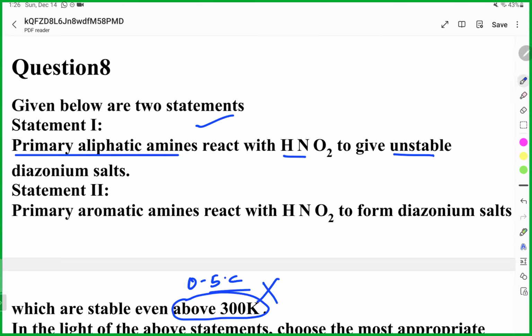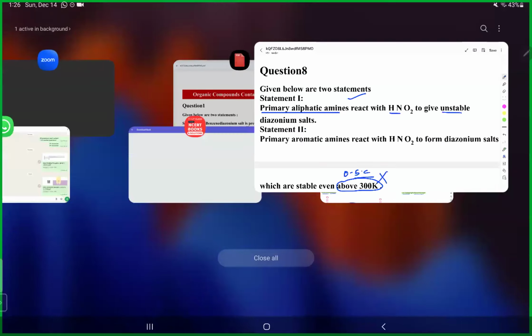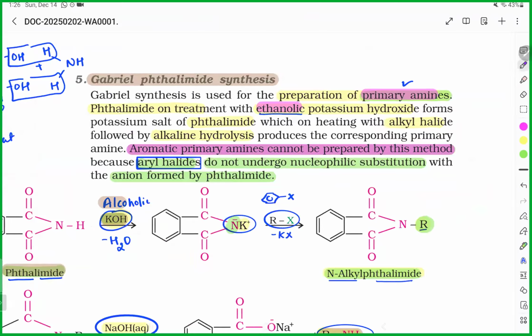Any doubt? Even today we did the same thing when I made notes.